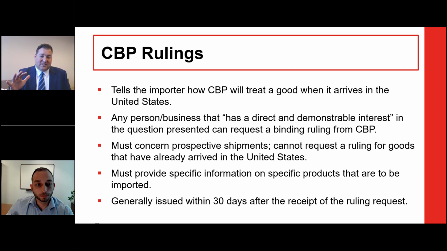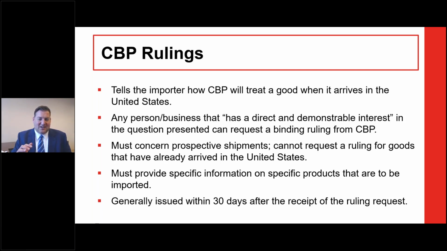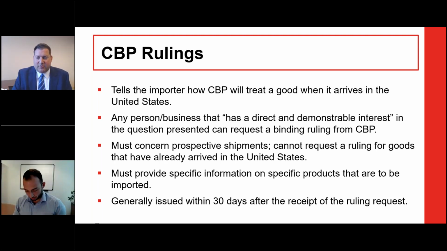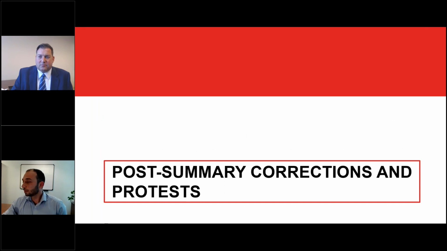You have to do all the USMCA analysis, but you still have to do a substantial transformation analysis under this provision. And that holds true now even for goods that are not subject to USMCA. So it's very important that if you are dealing with something that's subject to special tariffs, you always have to do the substantial transformation. So with that, next slide, and I'll turn it back over to you, Kerem.